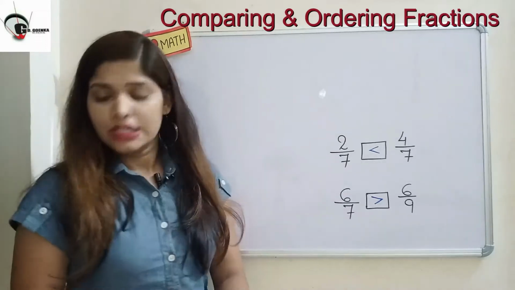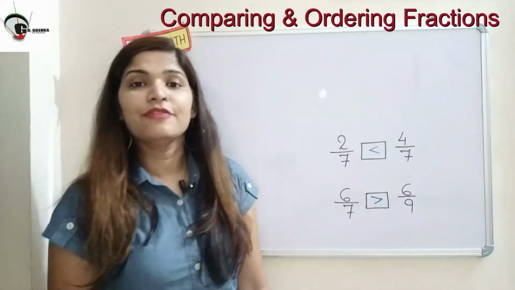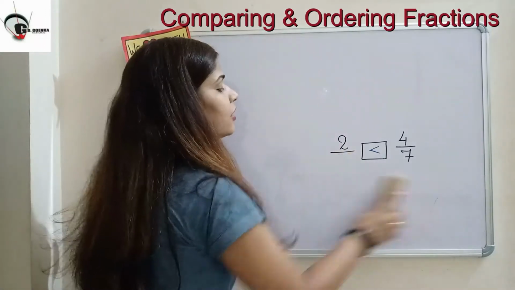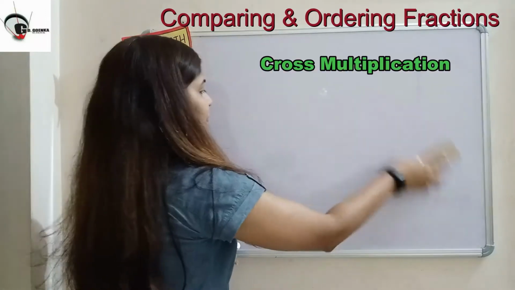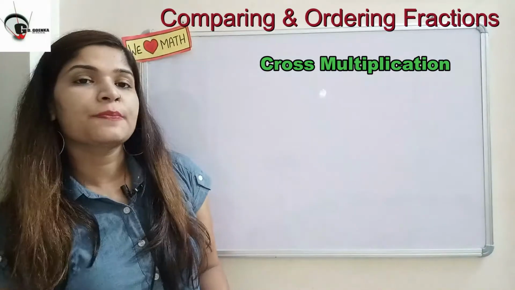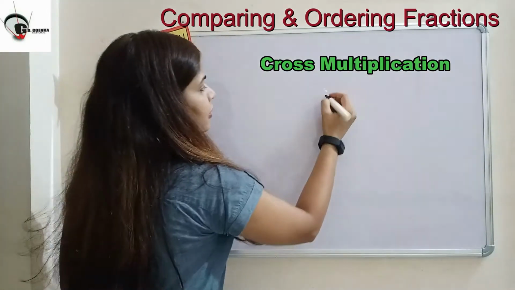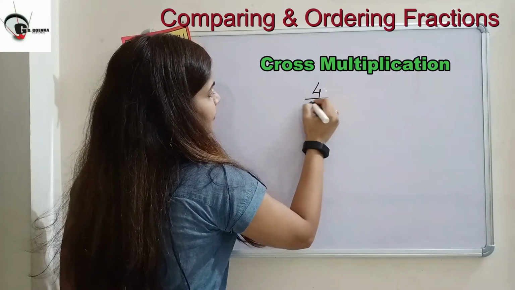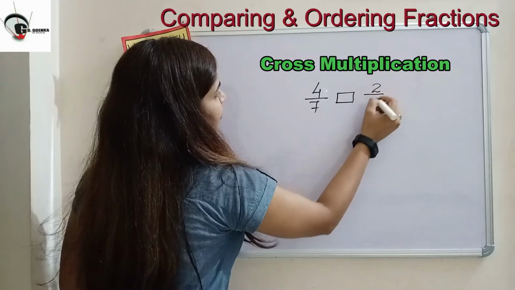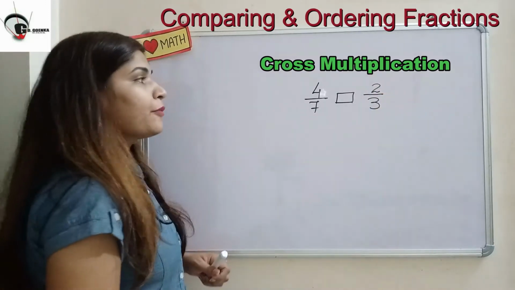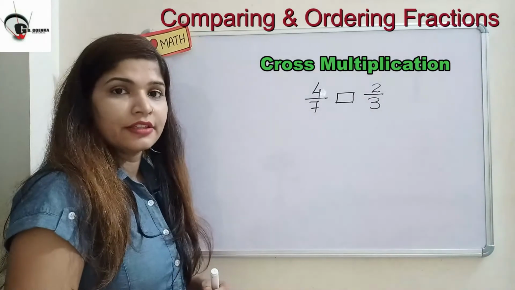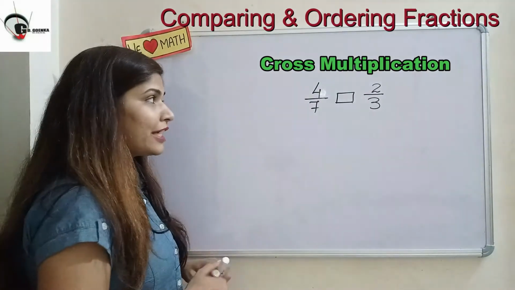What are we going to do? For that we have the method known as the cross multiplication method. Let us see how to do that. Suppose I have 4 upon 7 and I need to compare this 4 upon 7 with 2 upon 3. How am I going to compare this? By using the cross multiplication method. What is that cross multiplication method, children?